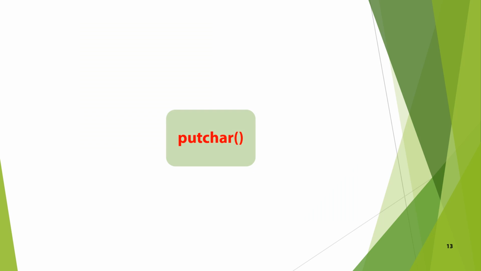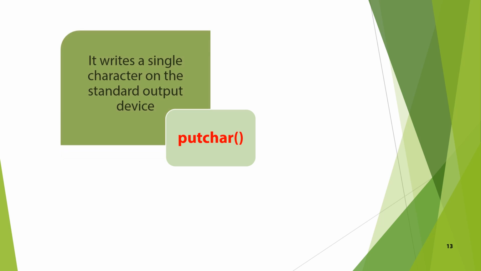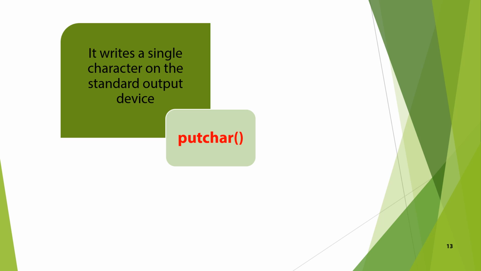We have seen all the functions which are useful to read a character from the standard input device. Now we will see a function which can write a single character on the standard output device. That function is putchar.